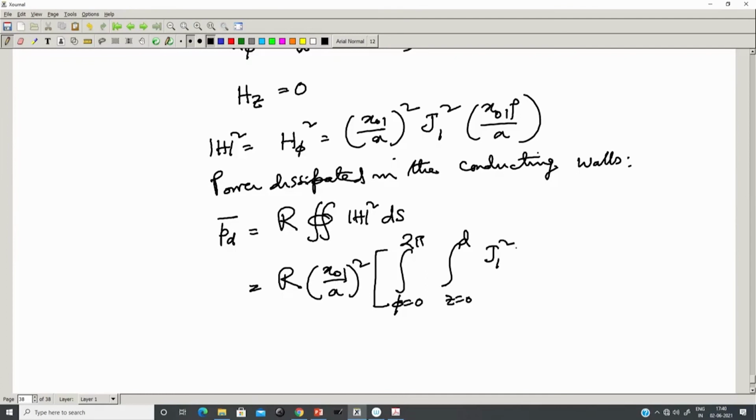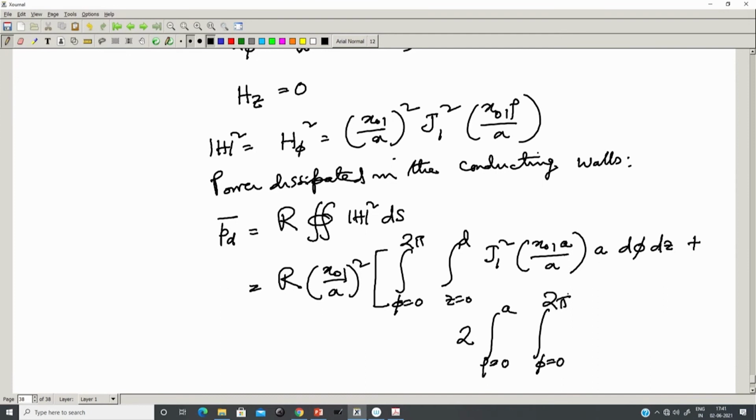So, J1 square x01 A by A, because rho is equal to A, we are finding out the power dissipated at rho equal to A, then A d phi dz plus 2 times integral rho equal to 0 to A, phi equal to 0 to 2 pi corresponding to the 2 end caps.